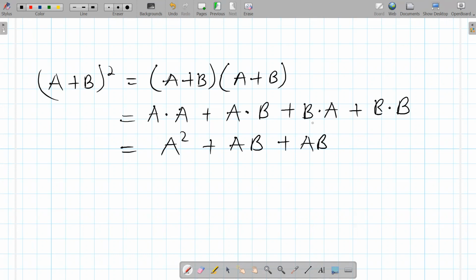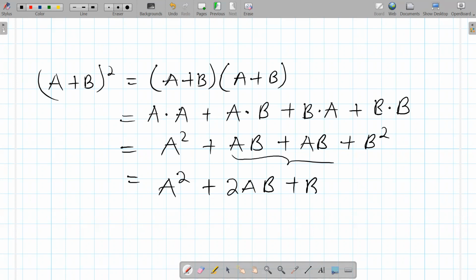Alphabetical order, A comes before B, and B squared. Now, from here, we realize that these are like terms. So A squared plus, I have 1AB plus another 1AB, I'm going to have 2AB plus B squared.